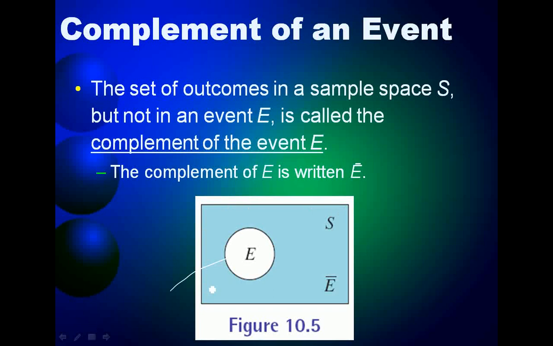The sample space is everybody who came to school. The event is those people who wore flip-flops, so the complement of the event is those that did not wear flip-flops. Everybody outside the circle did not wear flip-flops, and everybody in the circle wore flip-flops. So E complement means that they did not wear flip-flops.